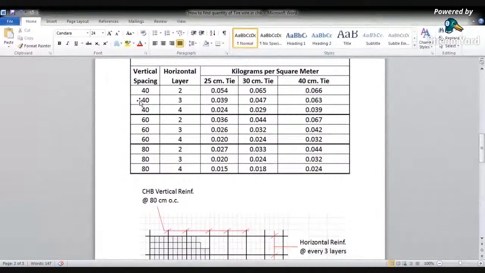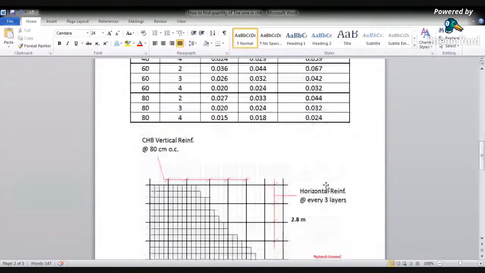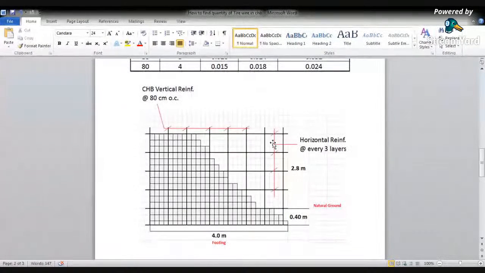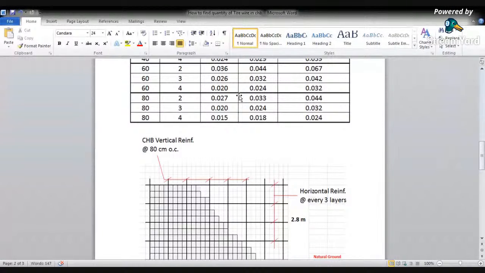The spacing 80, horizontal layer is 3, and the length of the tie wire is 30 centimeter. So the multiplier is 0.024. So this is the constant multiplier. You just multiply the area by this 0.024. If you use 80 vertical spacing and horizontal rebars every 3 layers, based on this drawing, we will multiply by 0.024.